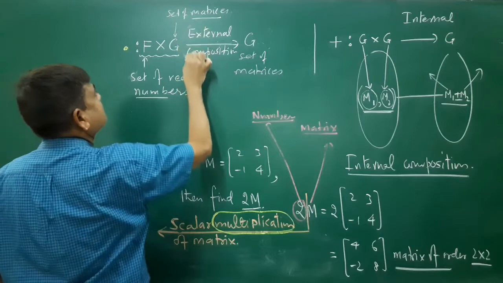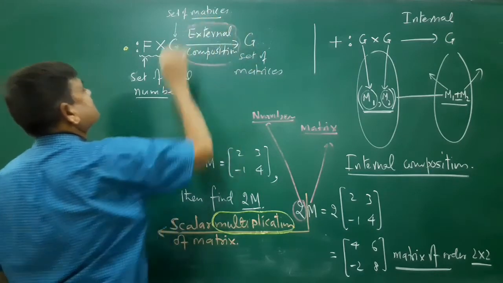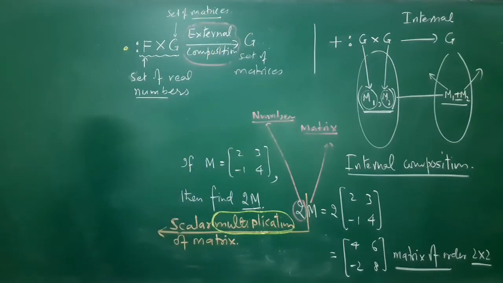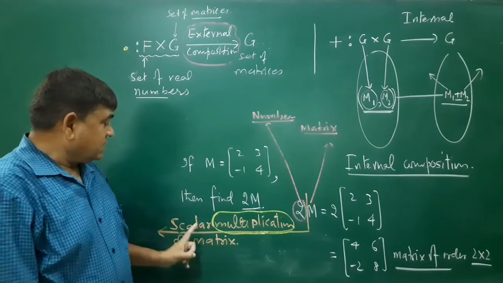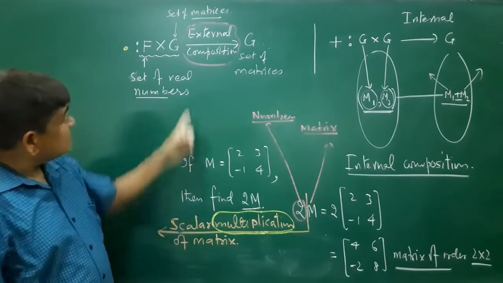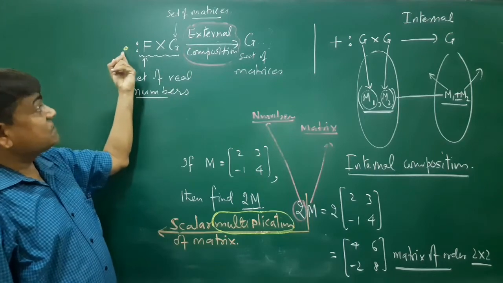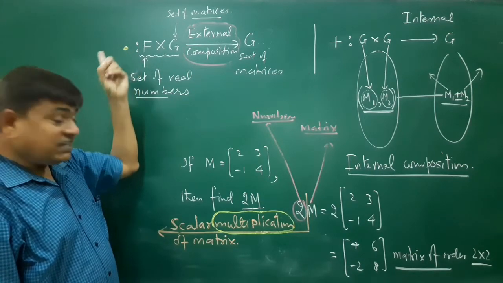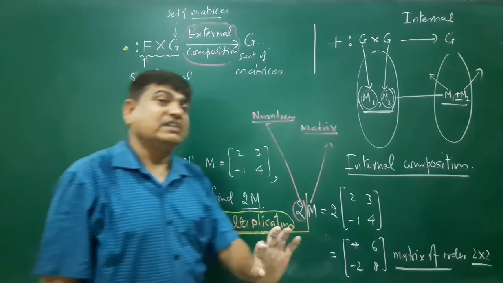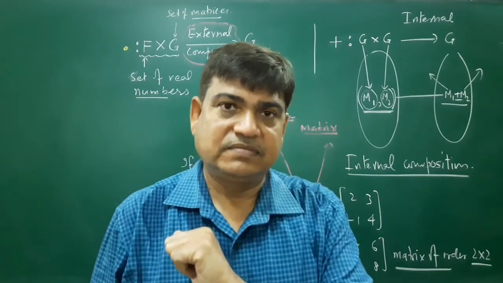External. Is it okay? And this composition is denoted by this dot. In here, dot is known as scalar multiplication.